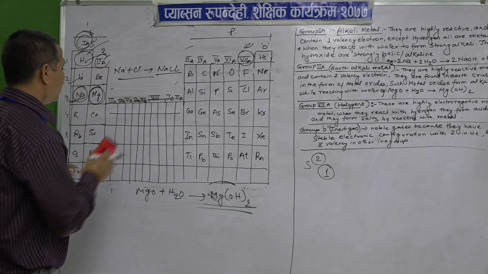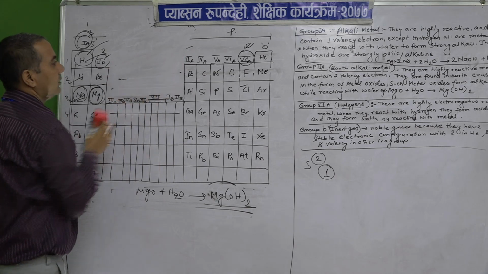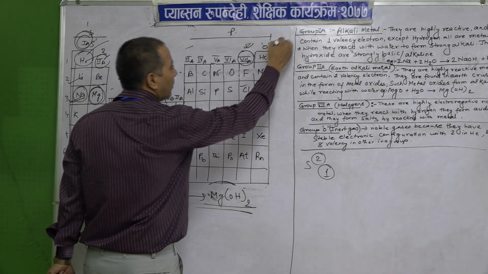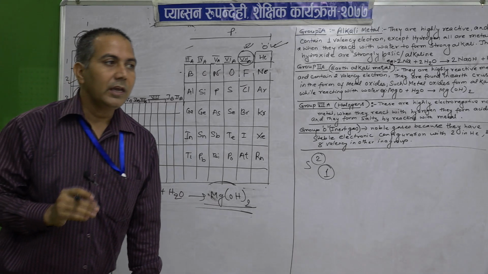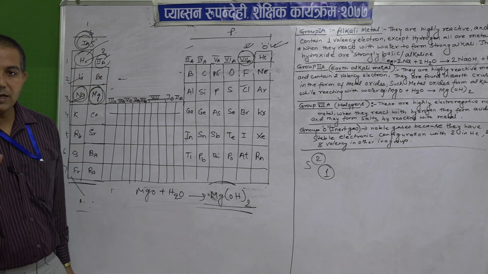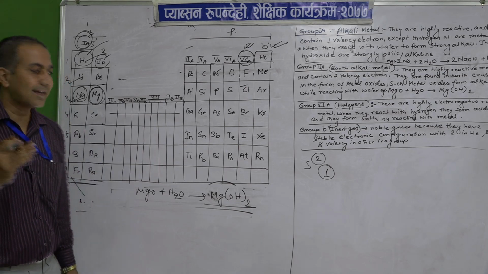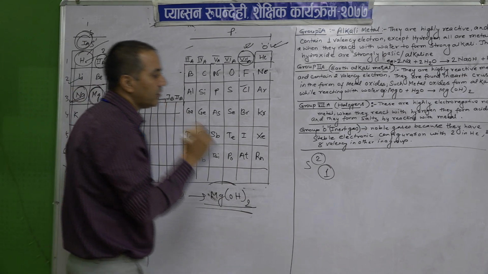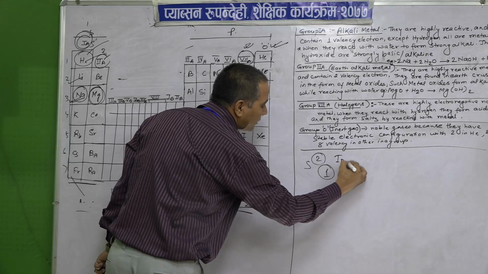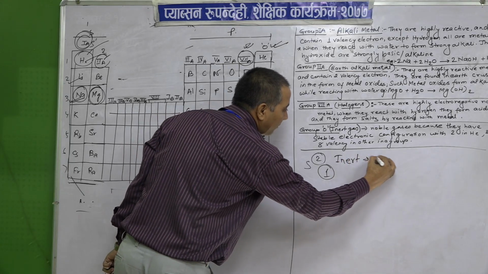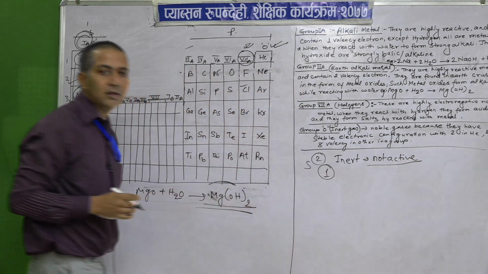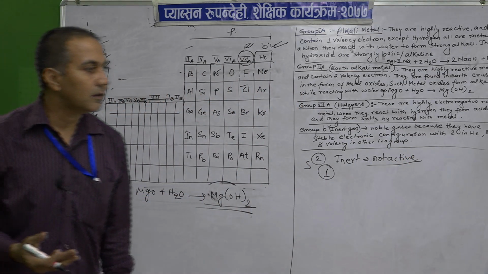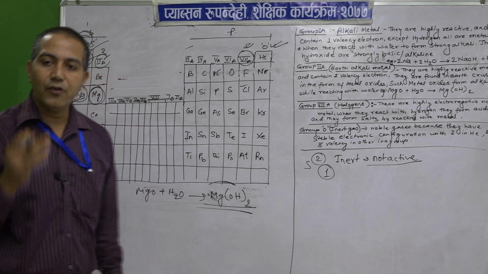Now, comes the next group, that is called the zero group or inert gas, noble gas, etc. Inert means not active. Concentrate on the word inert, it means not active. Not active in what? In chemical reactions.